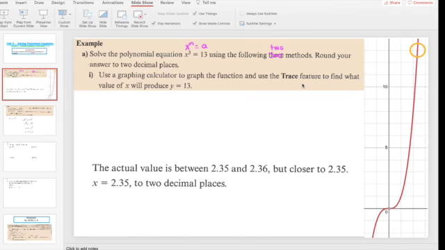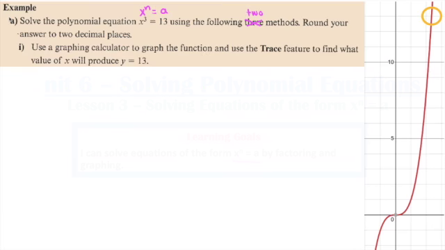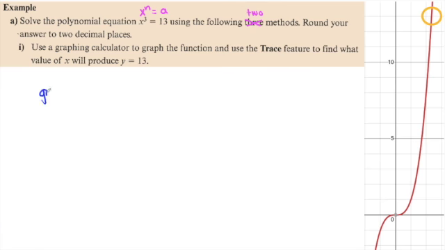Okay, so when you're doing that, you're essentially estimating, and you're not really able to determine an exact value. So by using a graph, it's definitely an approximation. Okay, it doesn't really give you the exact value. It can if it's a nice number, but for this example, it's not a very nice number, right? It's definitely guessing at the value of 13 here.